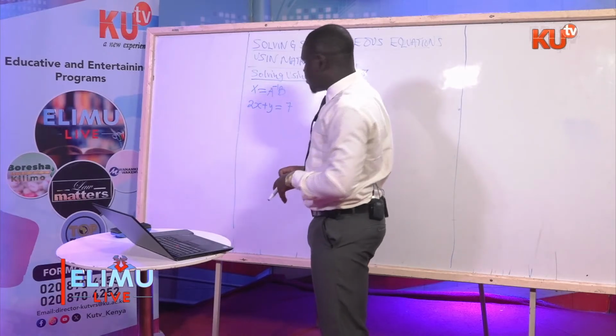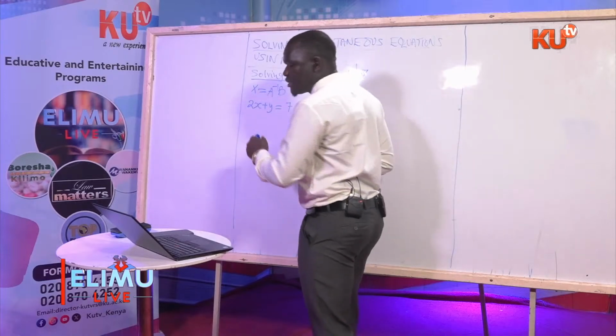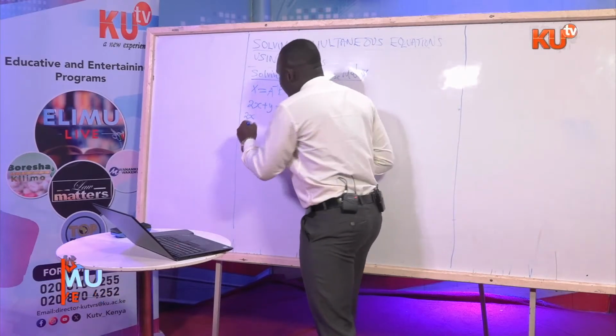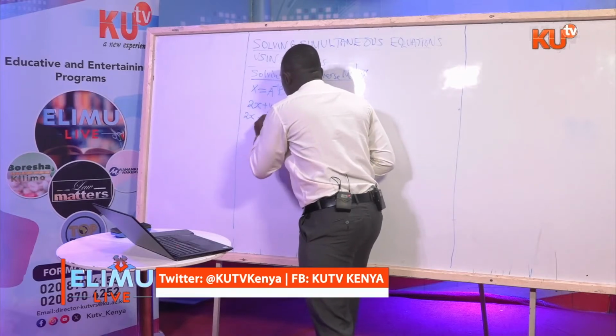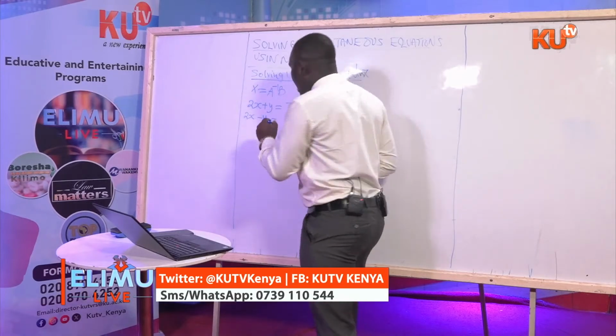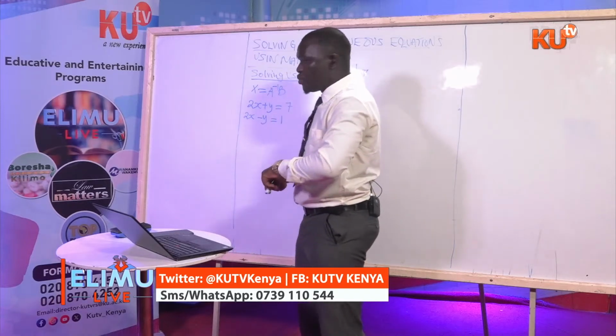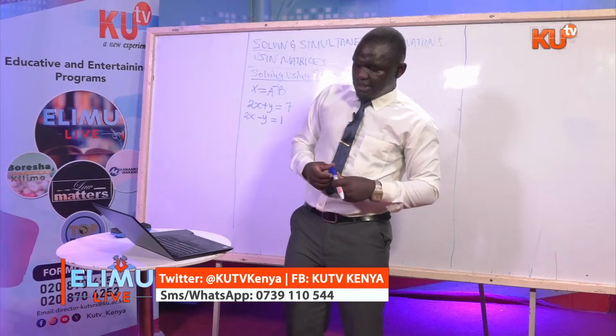The next equation we are having is 2x minus y to give you 1. And you are told to solve the equations using matrices.